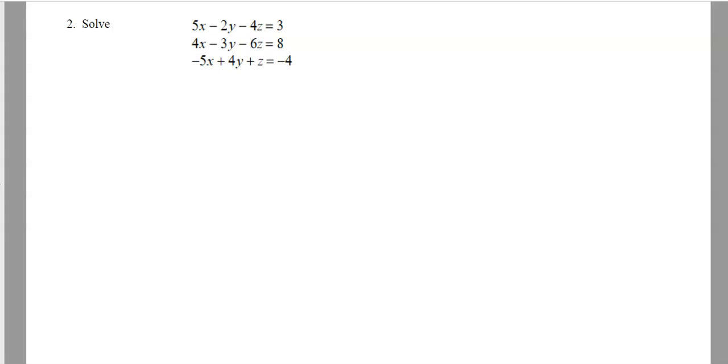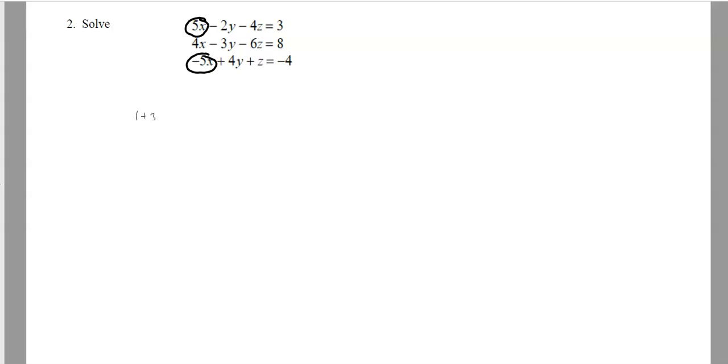So again, first thing I do is I look at this thing and I'm like, do I have any opposites given to me? If I don't, I got to start multiplying rows and adding together. But I see, peeking at all the y's and z's and x's, I do see a pair of opposites right here. So I'm going to start off by combining 1 plus 3, kind of like I did in the last one.